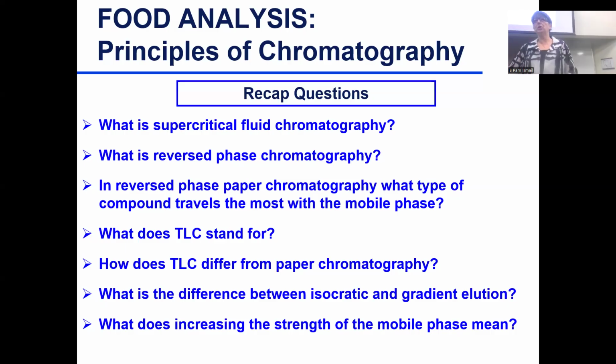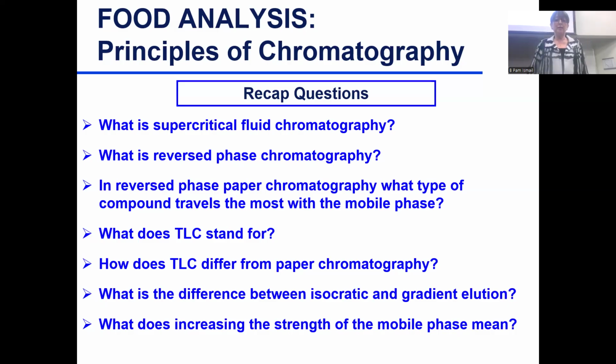Then we can use supercritical with HPLC types of stationary phase and detectors typical of GC detection. There's only one slide on that, so just try to remember these key points for supercritical.